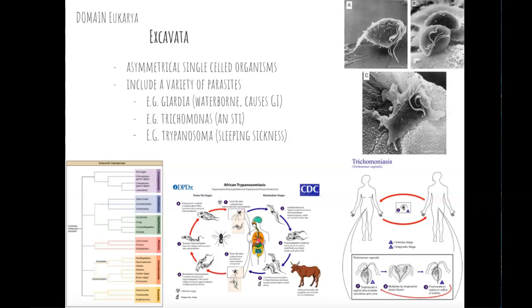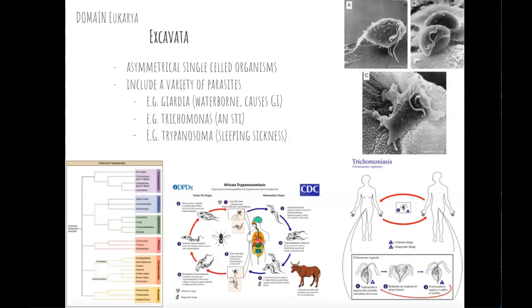It's a waterborne eukaryote that causes issues with your GI or your gastrointestinal tract. These guys are the reason that you don't want to drink stream water or pond water or anything like that without purifying it first. They can cause a lot of stomach issues for you.